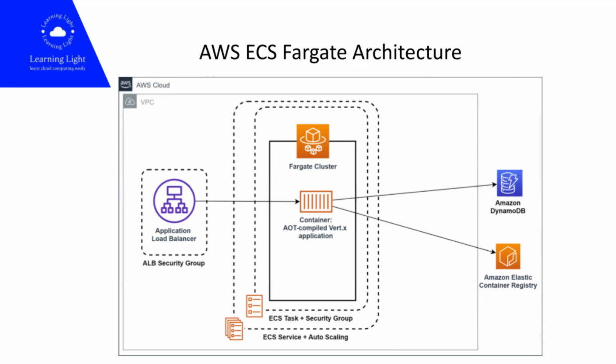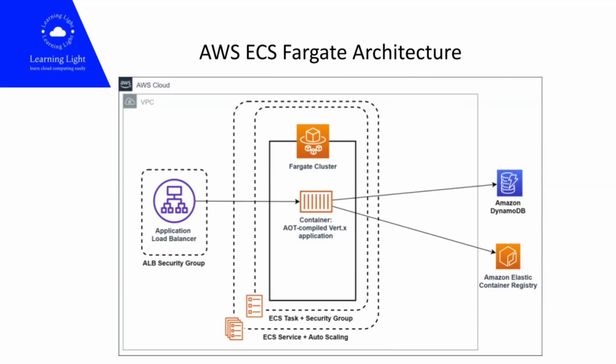In an upcoming lecture, we will see the different features ECS offers, and we will discuss ECS further. Now, in this lecture, we will deploy our Docker container in the AWS ECS Fargate environment. This Fargate is completely serverless.